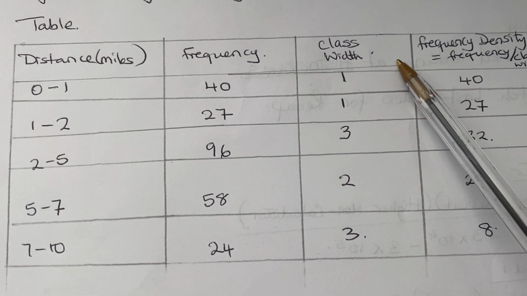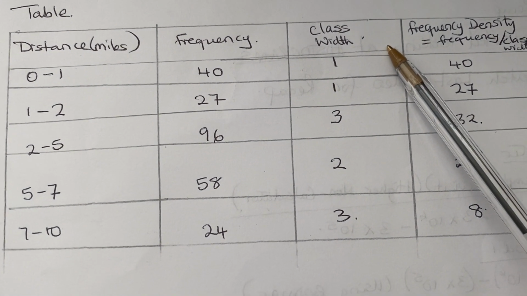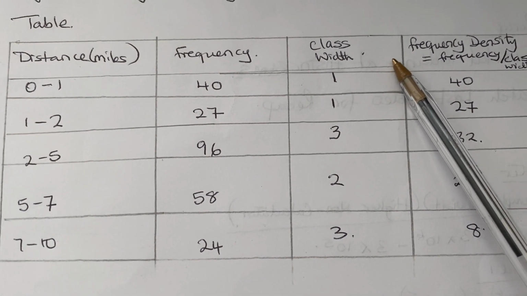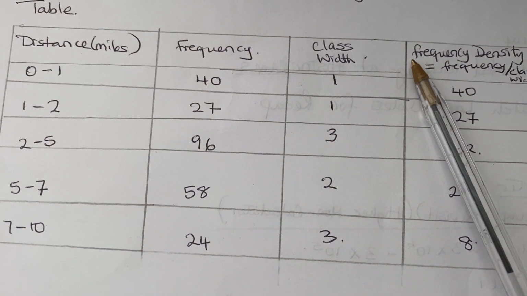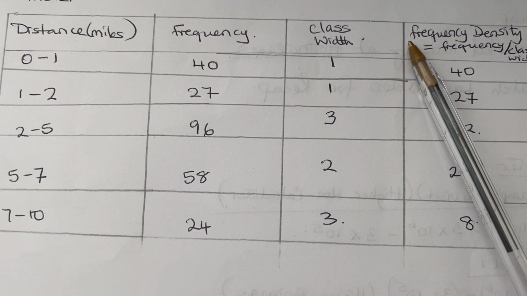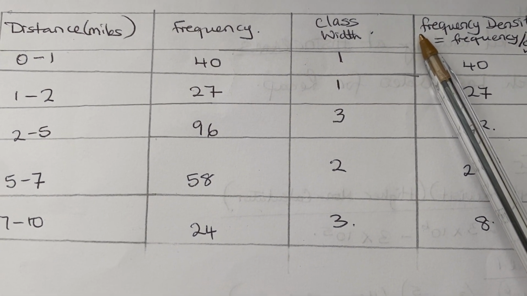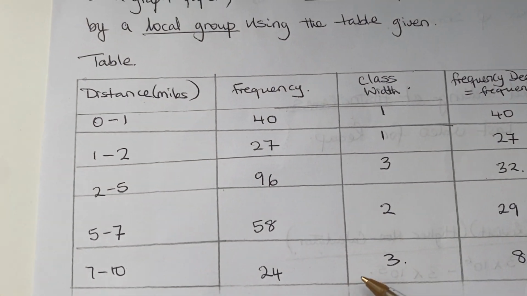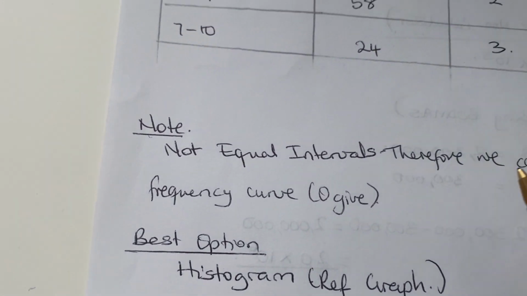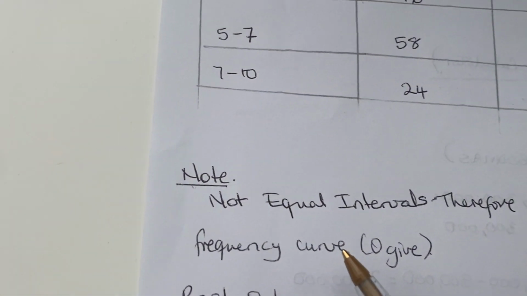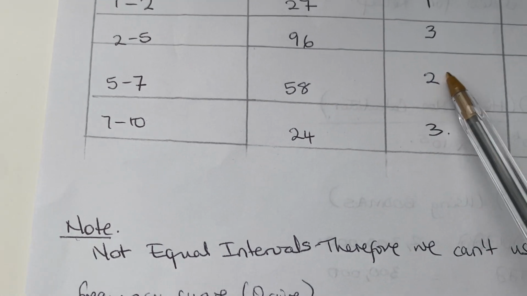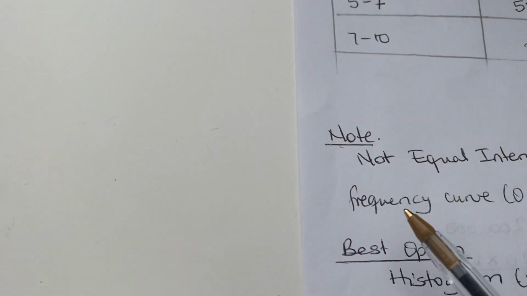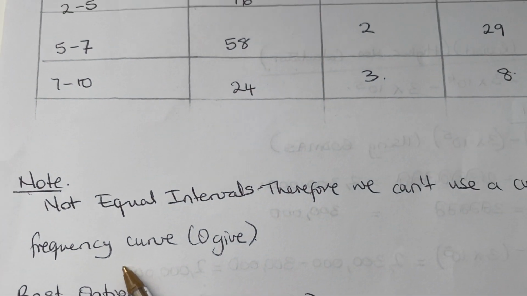Yesterday, this is what time could allow us, and I showed you, I used the data to plot a histogram for you. So this is where we were yesterday. Now I want to make a few comments. This table here, we don't have equal intervals, therefore we cannot plot a cumulative frequency curve.